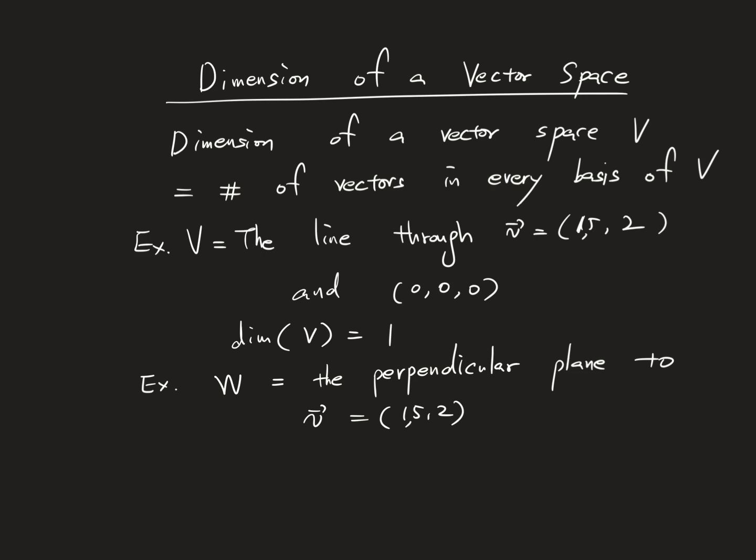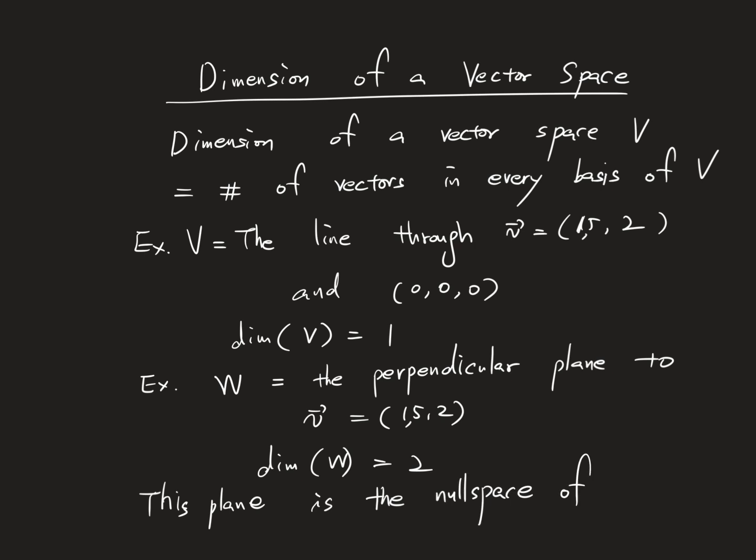So this plane has dimension 2. This is W, and this plane is the null space of the matrix [1 5 2].